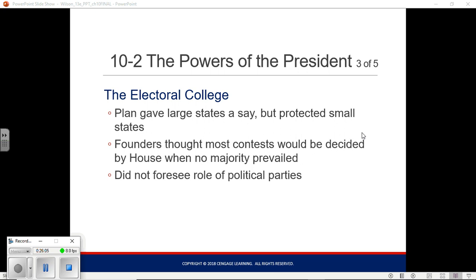But it means that you couldn't just go to the handful of big states and win the election, because if somebody were to gobble up all those small states, even with their pathetically tiny populations, they kind of balance out. So it allows the small states to be heard. It does still allow the large states to have a say, and to have a larger say, but not an overwhelming say.